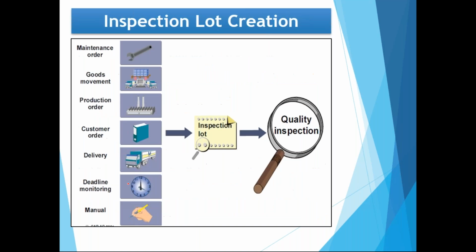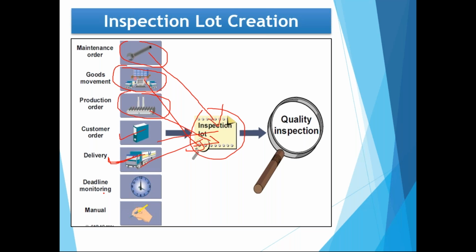Suppose when you receive a material from a supplier or vendor, the system will generate an inspection lot. Or in the plant maintenance module, when they create a calibration order, it will generate an inspection lot. And in PP production, when they create a production order, you can generate an inspection lot. And in sales, when they deliver the product to the customer, when they create the sales order or delivery, they can generate an inspection lot.